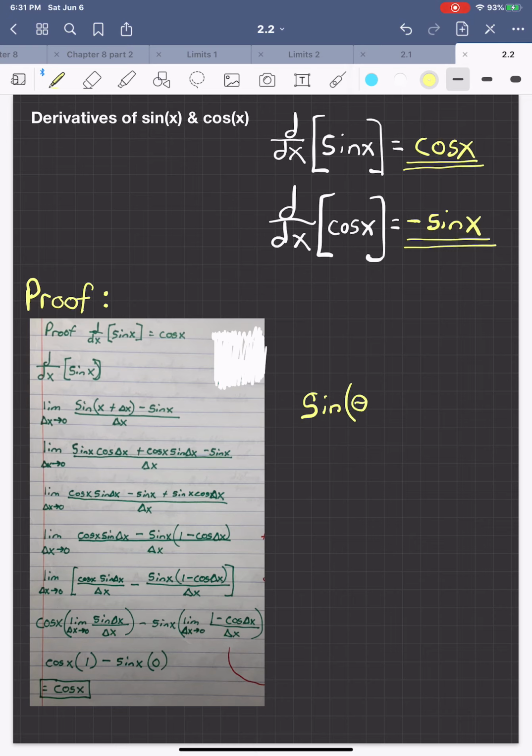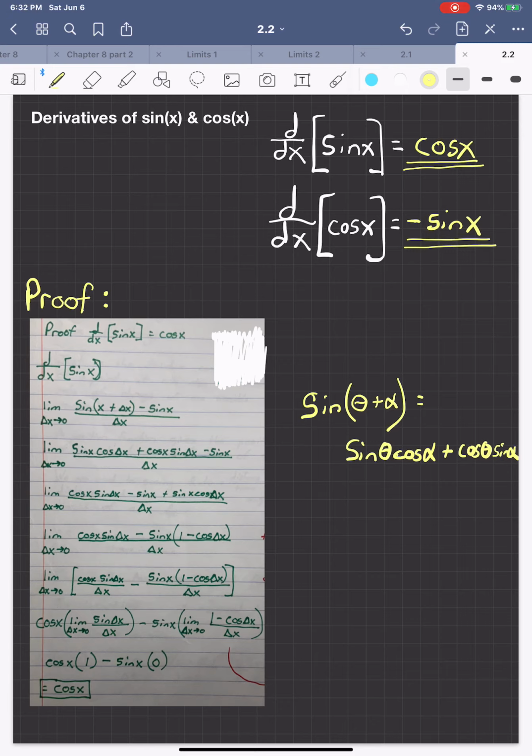It would have looked something like this: if you have sine of theta plus alpha, you can rewrite that as sine of theta times cosine of alpha plus cosine of theta times sine of alpha.